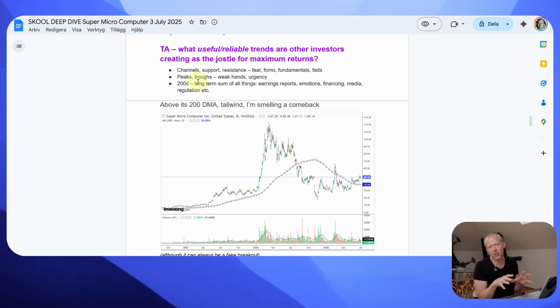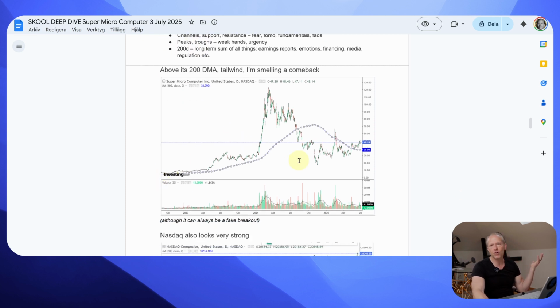For many stocks and for many indices, it's a pretty good indicator of the long-term sentiment among a huge number of investors. As we have seen in numerous of these videos, it's not perfectly honored by most companies, but it's better or worse honored depending on which company we're looking at. Here we're looking at Super Micro Computer.